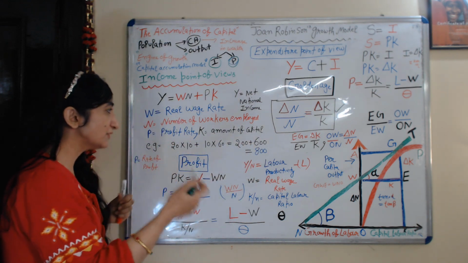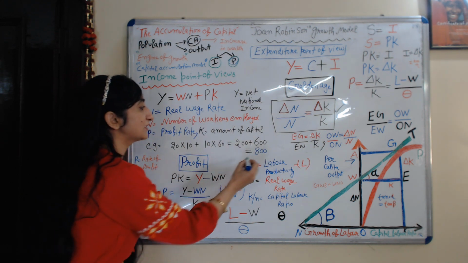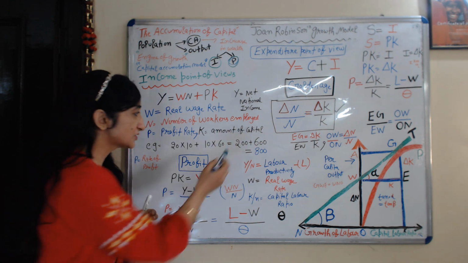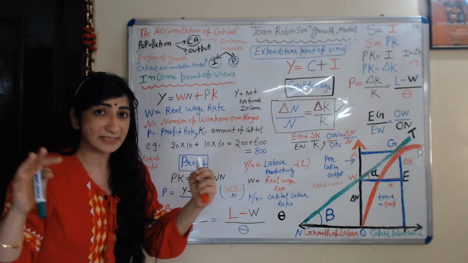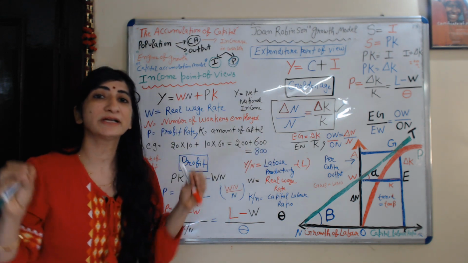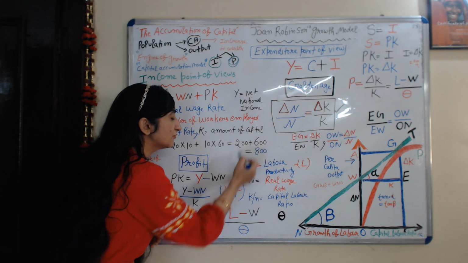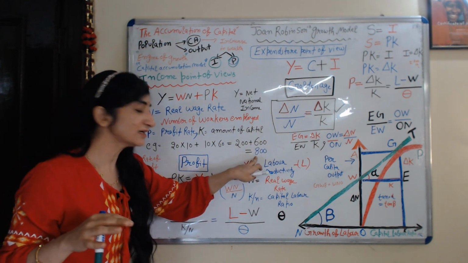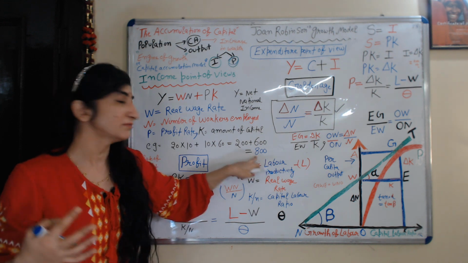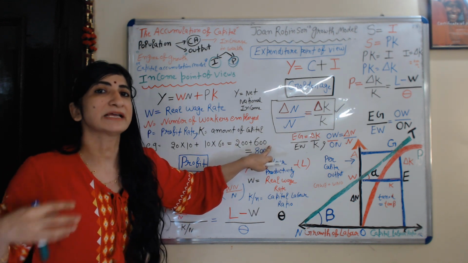When we add this 200 rupees with 600 rupees, we get the total net national income, which is 800 rupees. This 200 rupees is the wage received by all labor and this 600 rupees is the profit earned by the capitalist. This 800 rupees is our net national income. It means national income of any economy depends on wage received by labor and profit earned by the capitalist.